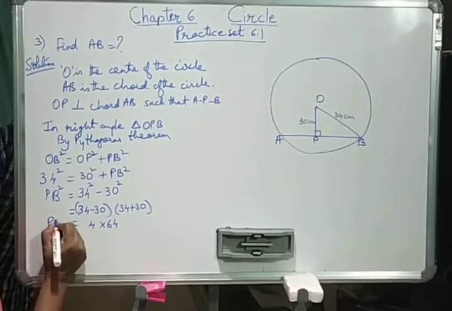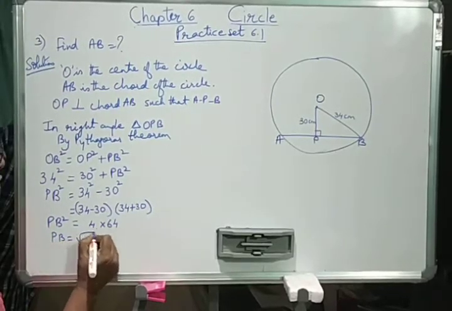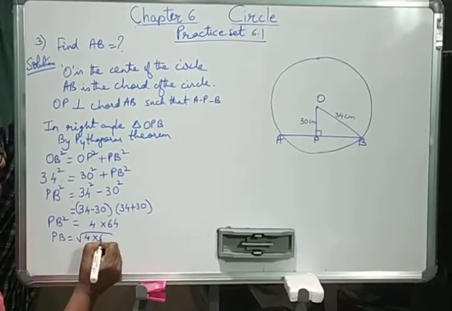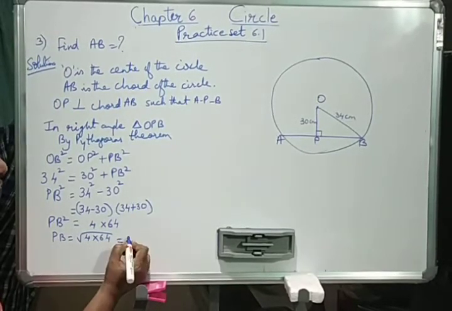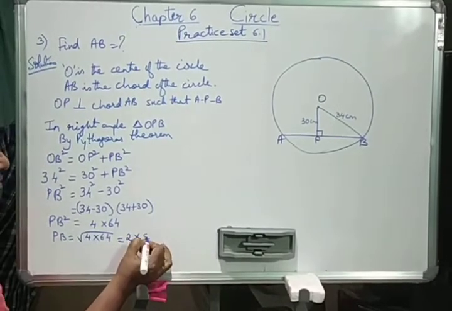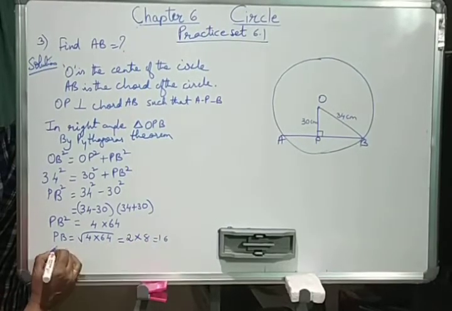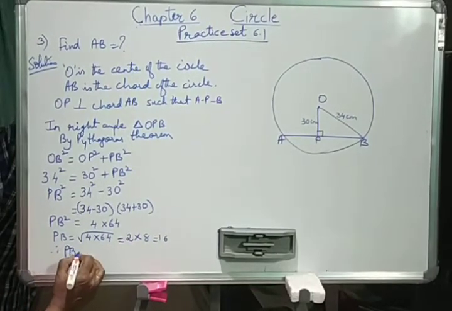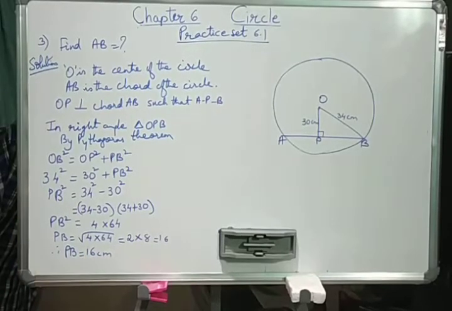Now we have to find out PB, not PB square. So it will be square root of 4 into 64. What is the square root of 4? It is 2. What is the square root of 64? It is 8. So 2 eights are 16. So therefore your PB is 16 centimeter.